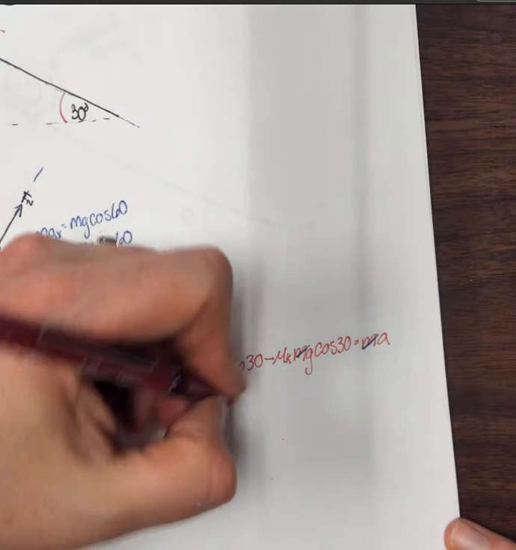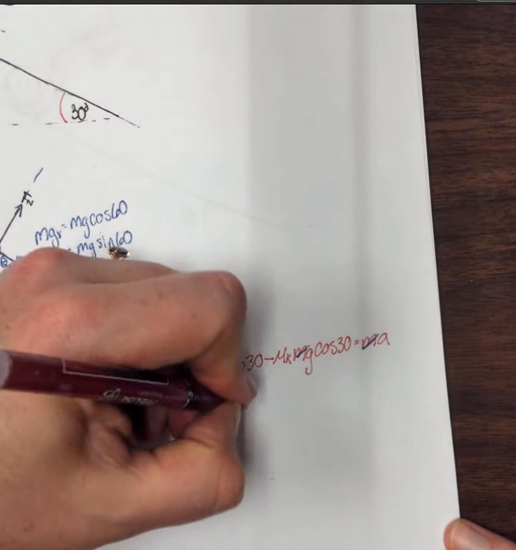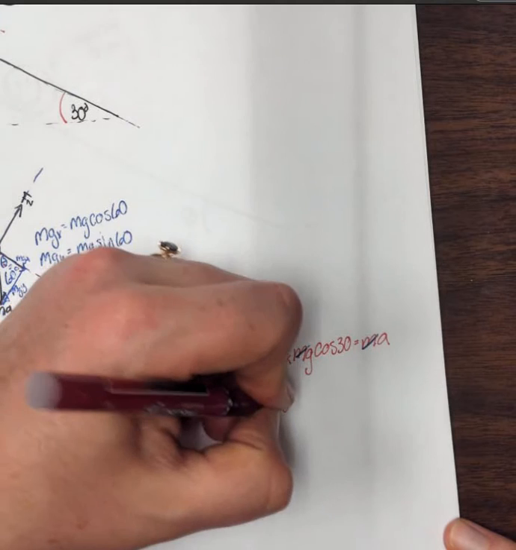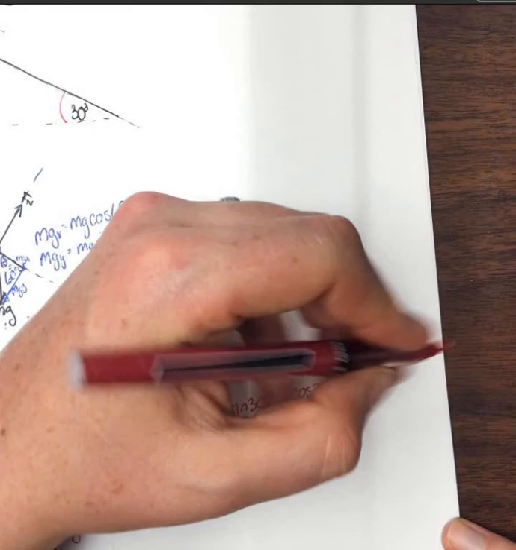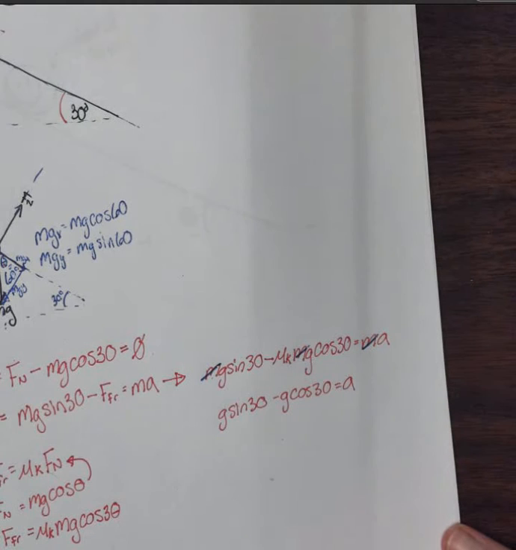And I get that g sine 30 minus g cosine 30 is going to equal our acceleration. Now, g is a variable, but it's a variable with a known quantity, so I can solve for my gravity in this situation.